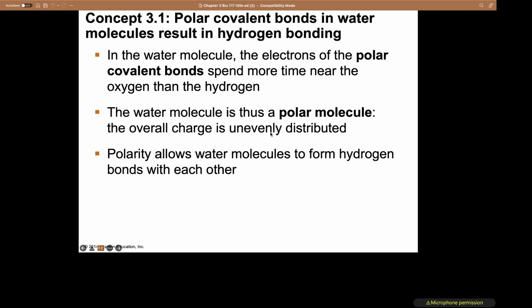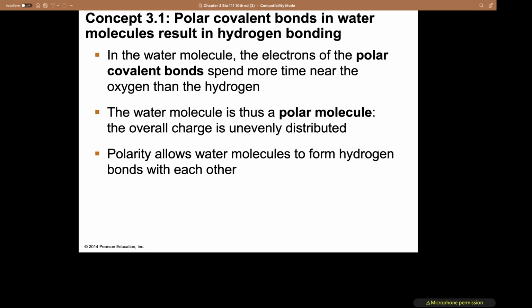That unequal distribution is what causes one side of the water molecule to be charged and the other side to be the opposite charge. One will be negatively charged, where the electrons like to hang out more, and where the electrons hang out less, that's going to cause a positive charge.